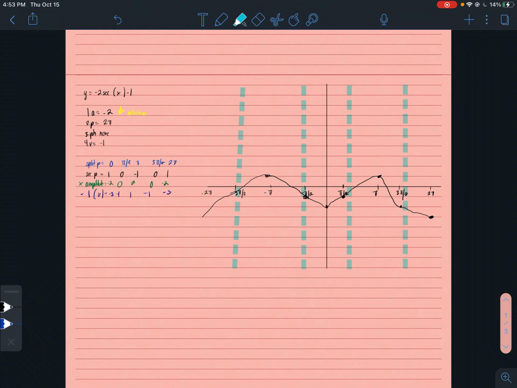Next, you want to draw in the secant parent function. So you know it's going to be at the pi's.